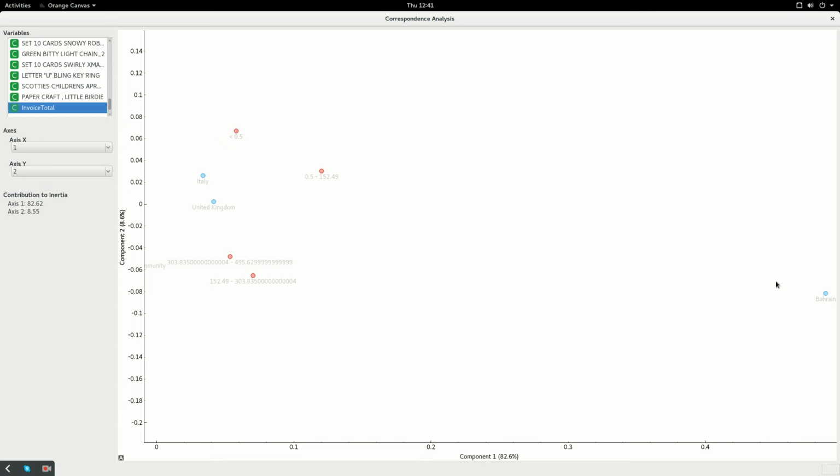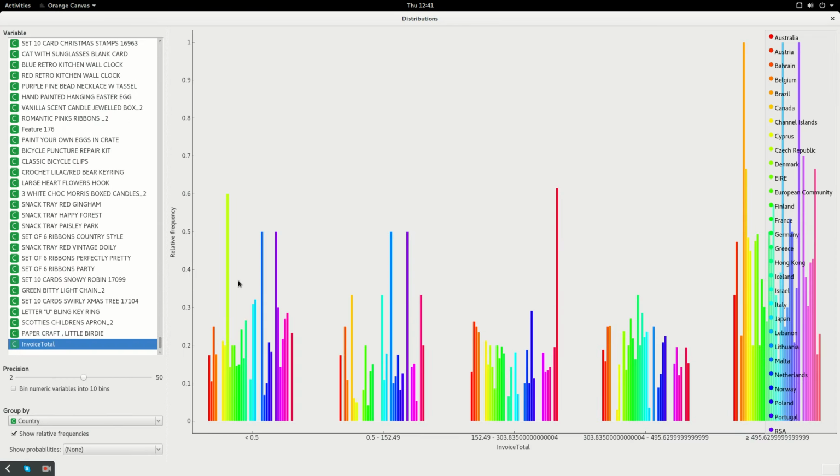So in other words, there seems to be an abnormal number or a weird distribution of transactions from Bahrain that come between 0.5 and 303 sterling. So let's confirm this. So 0.5 and 303 sterlings are these two categories over here.